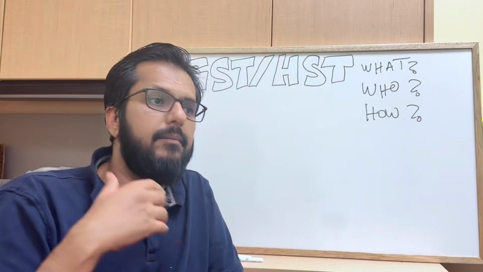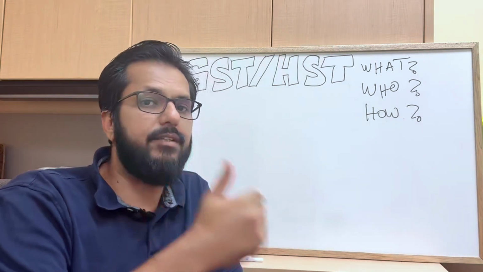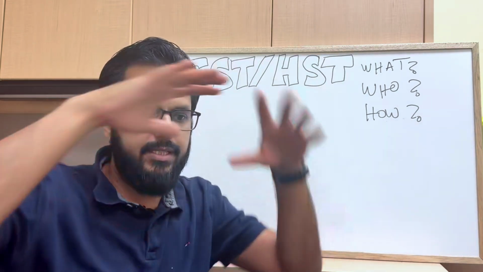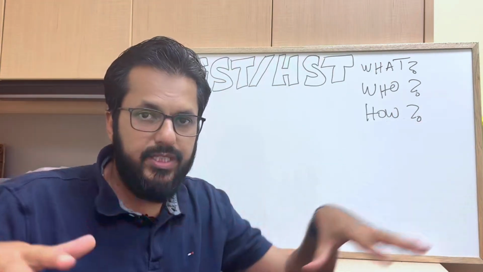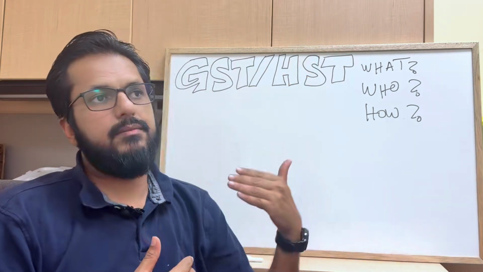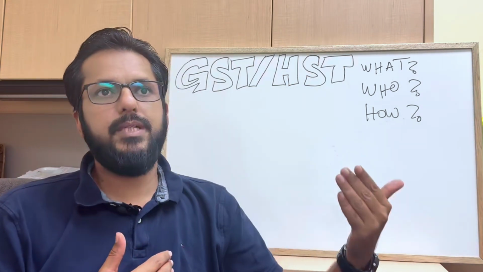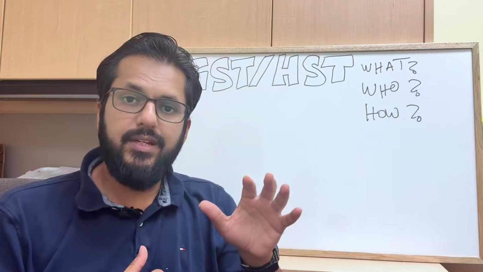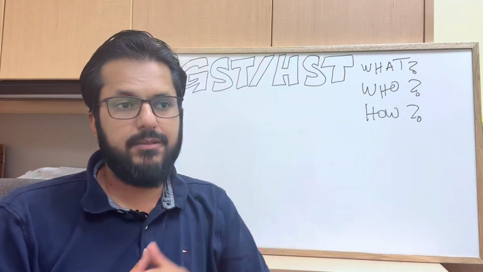HST and GST, what's the difference? In Canada, the structure of government is that there is a federal government and then there is provincial government. Both of these governments are charging sales tax. The federal government calls it GST, and the provincial governments call it PST, provincial sales tax.